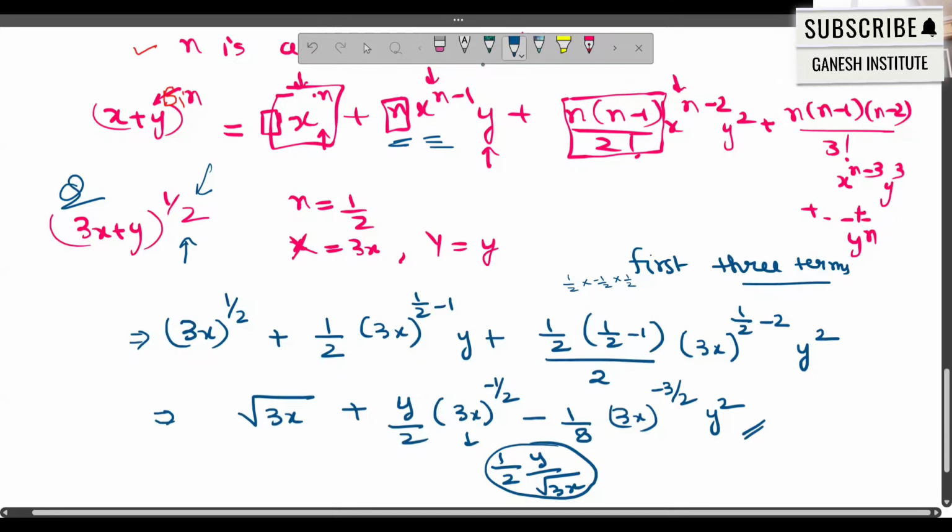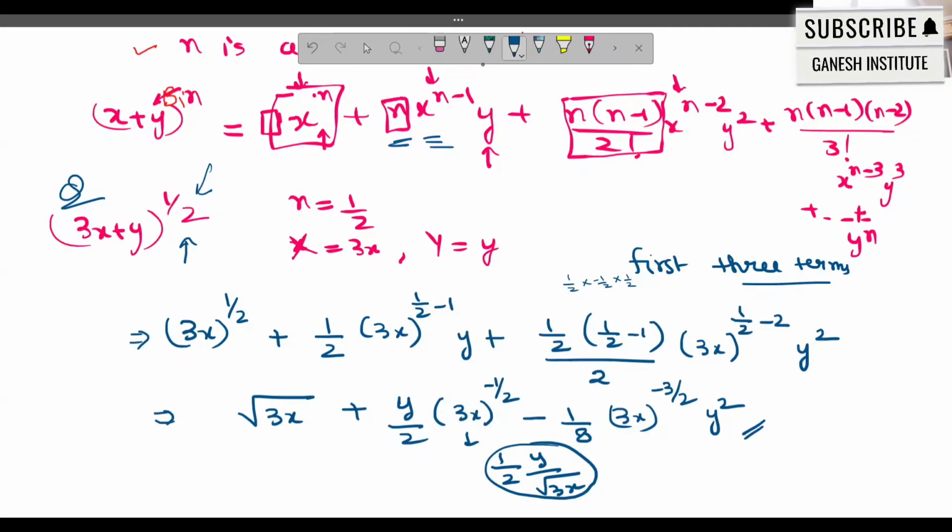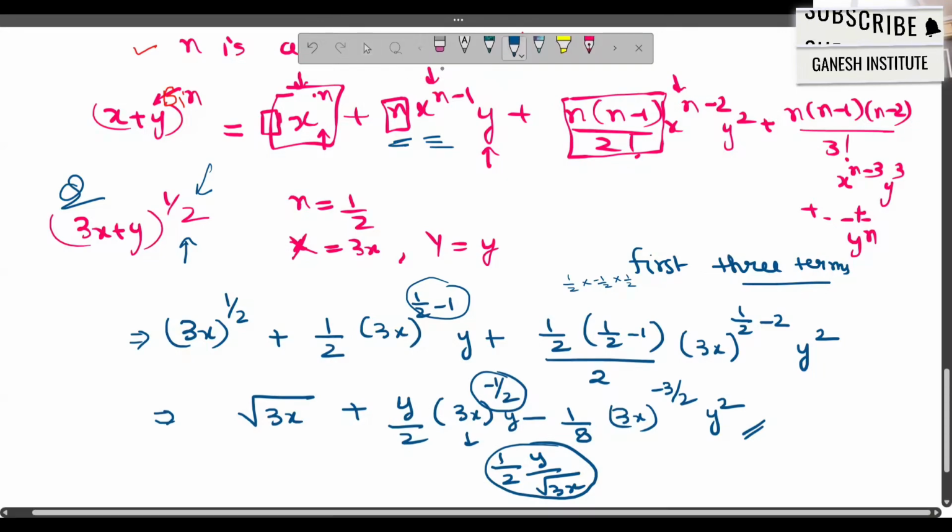So root 3x plus 1 upon 2 root 3x y plus minus 1 by 4 upon 2 x raised to minus 3 upon 2 y square. Didn't you get negative here? Yeah, I did get negative, so I took that down. Okay, that's right. So this is how you can do it.